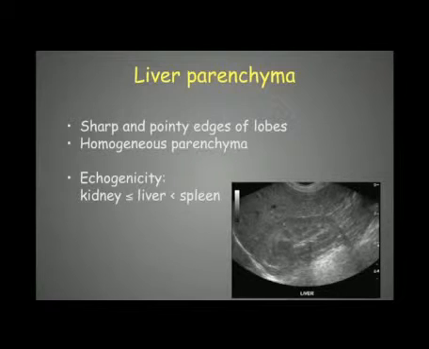The echogenicity of the liver is in general the same as that of the kidney. As we can see here on this image, we have quite the same echogenicity between the liver and the right kidney. Sometimes the kidney is a bit less echogenic than the liver. And the spleen on the left side will always be more echoic, so brighter, than the liver.